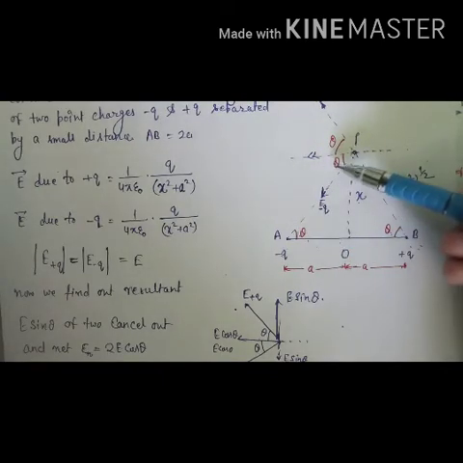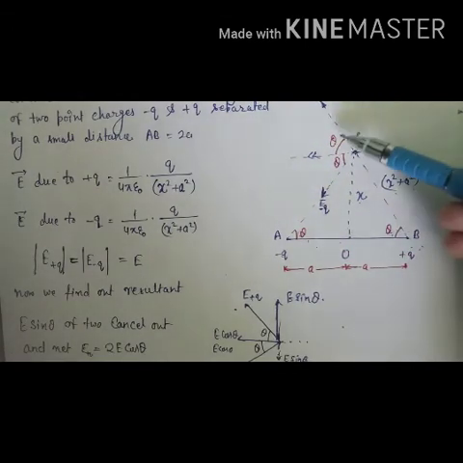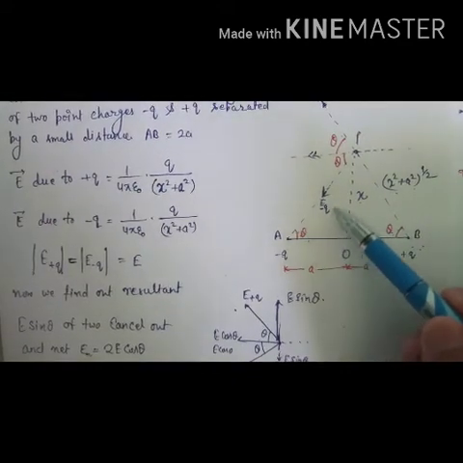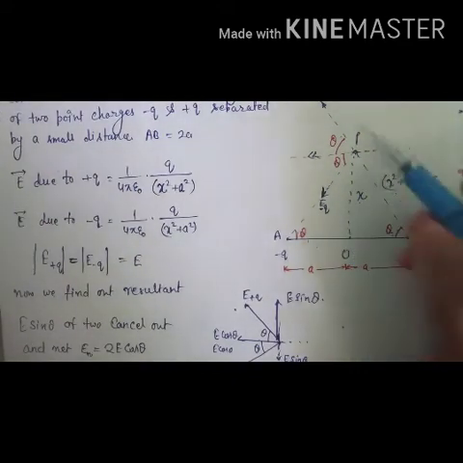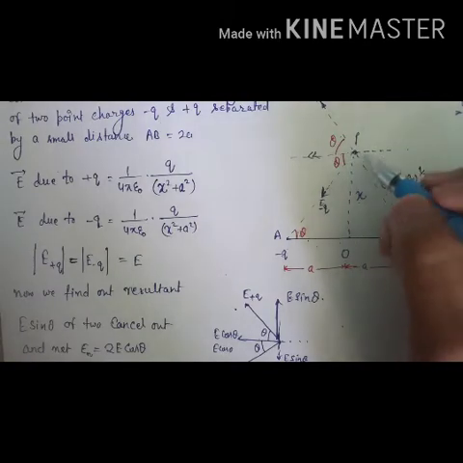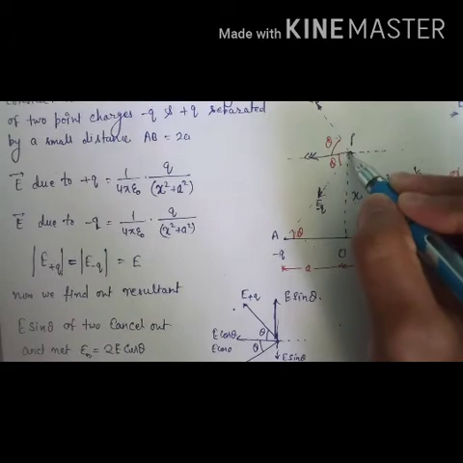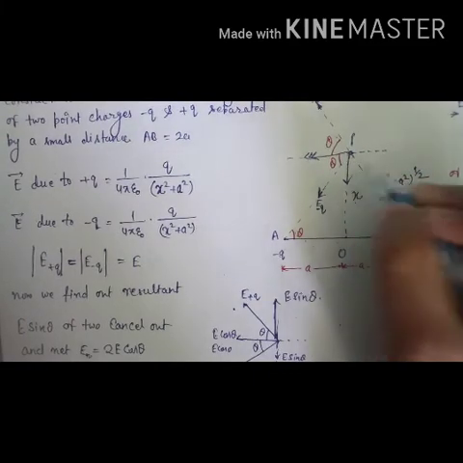Why? Because these are alternate angles. So the components of the electric field due to minus q: one component we take in this direction and one in this direction.